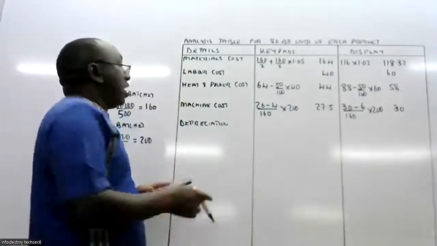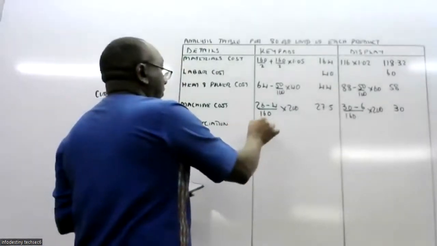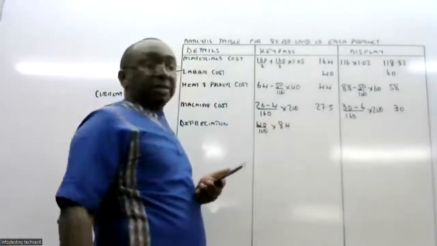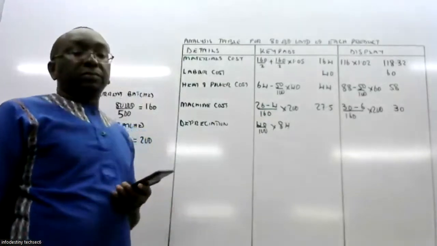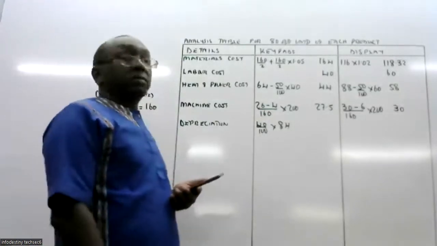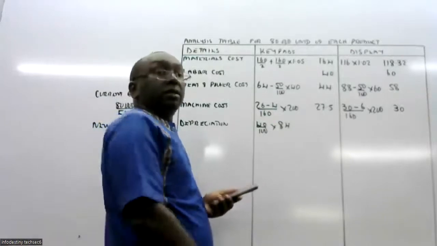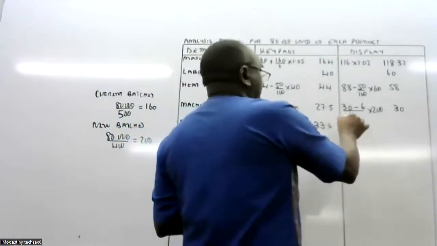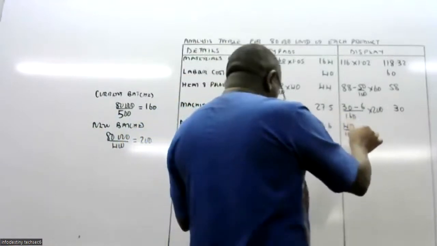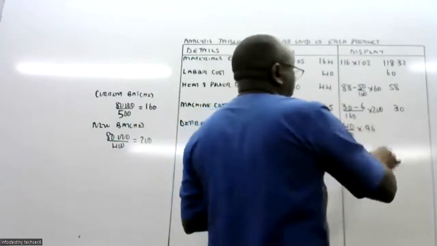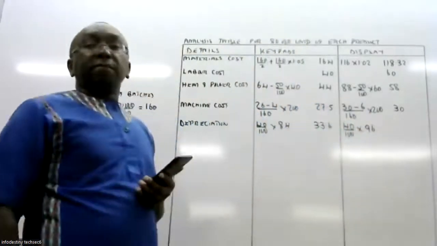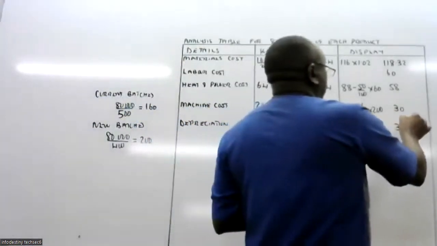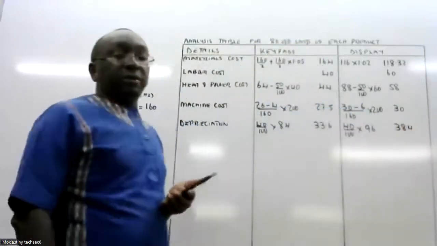So we only work with 40%. So 40% of 84, that's 3.6. And then 40% of 96, 38.4.